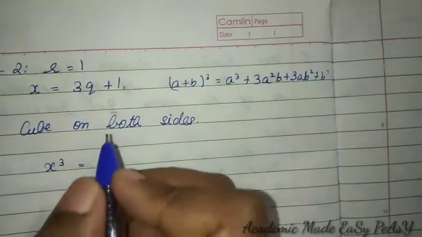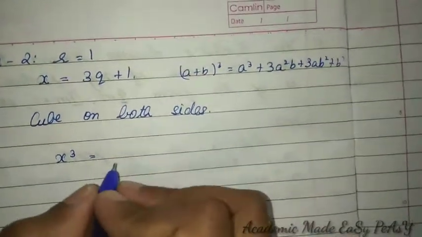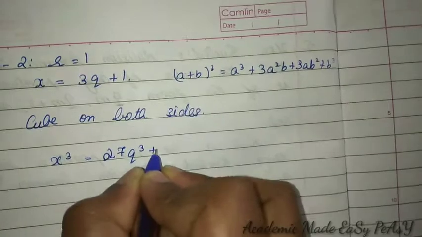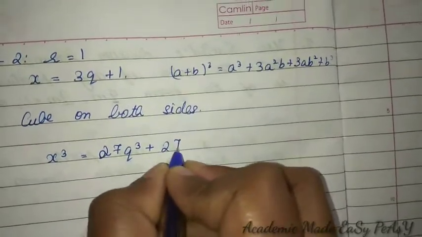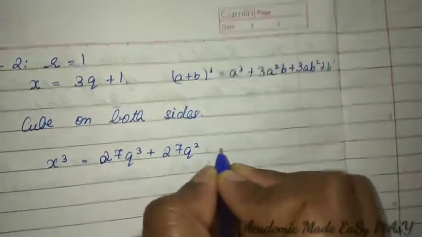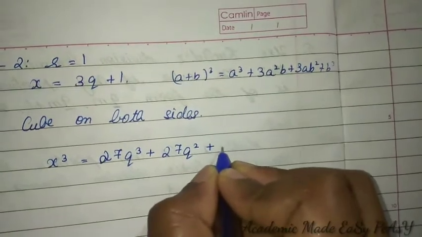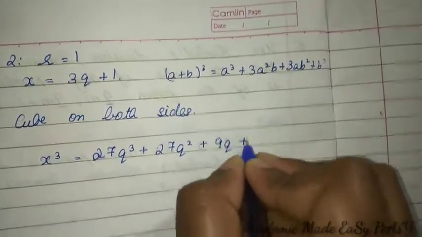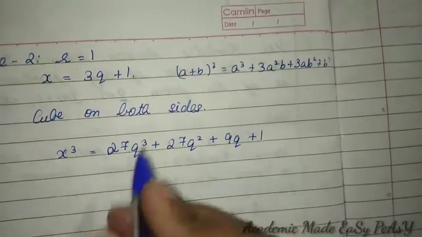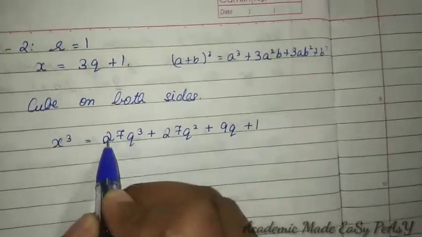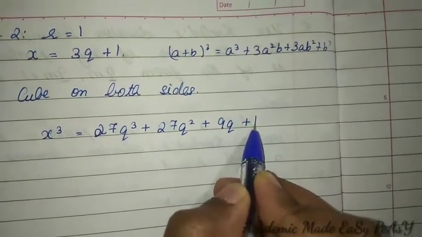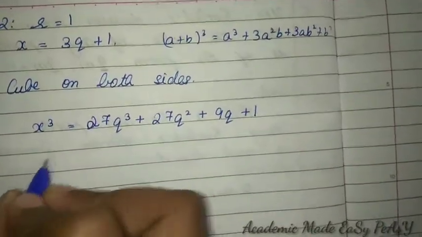So I will have here 27q cube plus 27q square plus 9q plus 1. Now I have all these in terms of 9, and this one in the form of 1 itself, so I will just leave it.